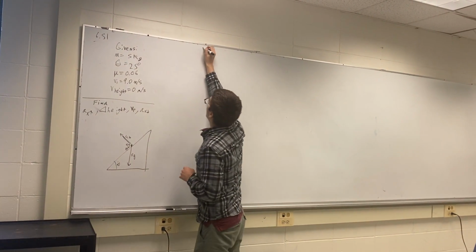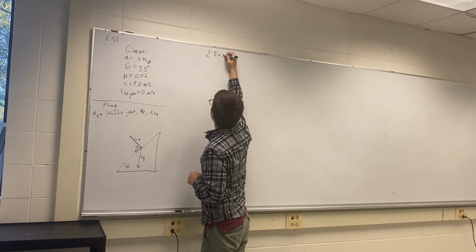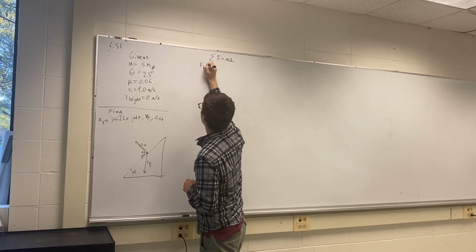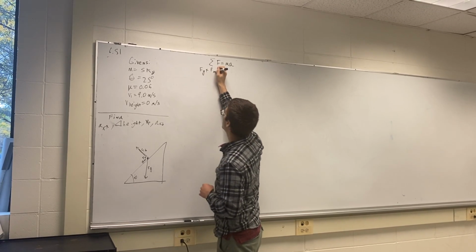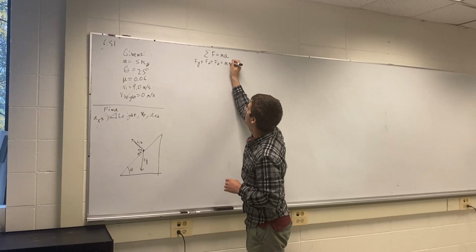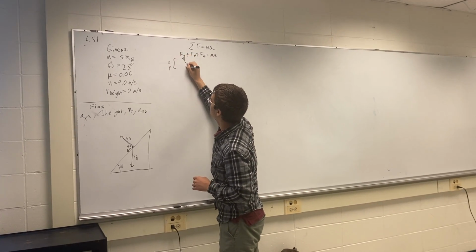So let's set up our sum of forces. The sum of the forces is going to be equal to MA. In this case, our forces are going to be force gravity, force normal, force friction. So let's set up our vectors.